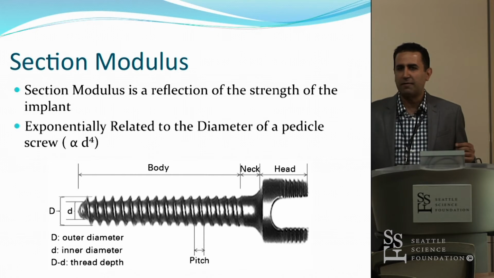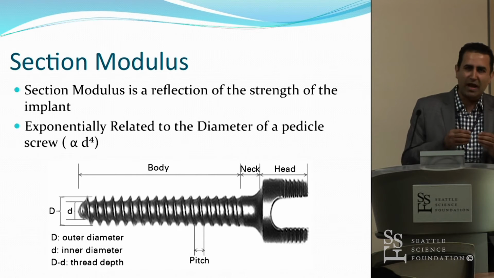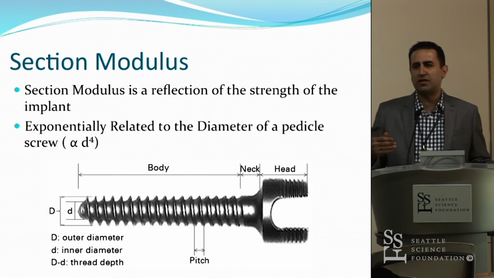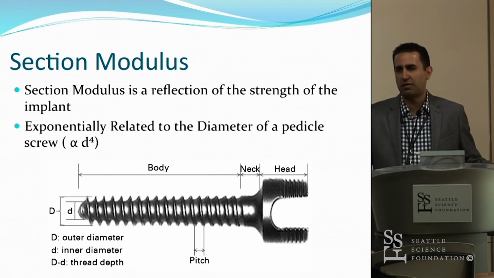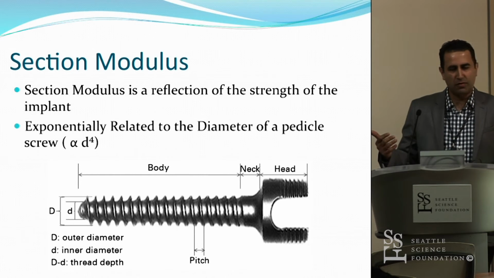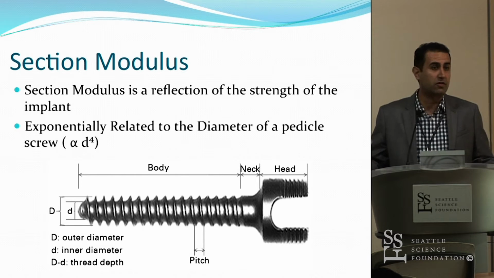So just remember that when you implant your pedicle screw in your patient, for every incremental size in that inner diameter of the screw, you are exponentially increasing the strength of that implant. We'll come to this with respect to tips later on. It's a real consideration for you.